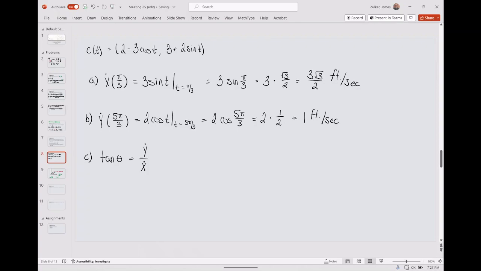So we're going to use that formula. Well, we know what y dot is, we know what x dot is. We get tangent of theta is 2/3 cotangent of t.